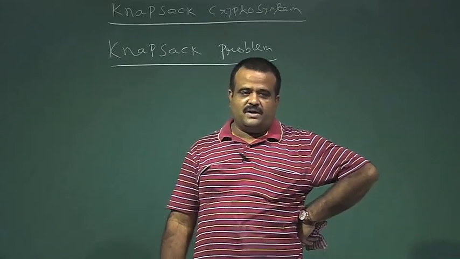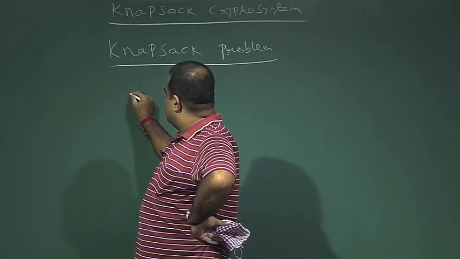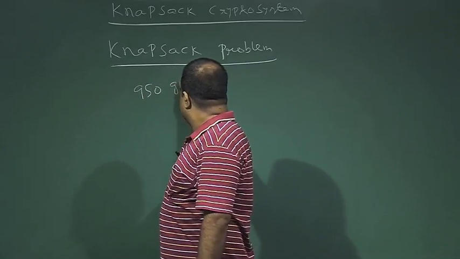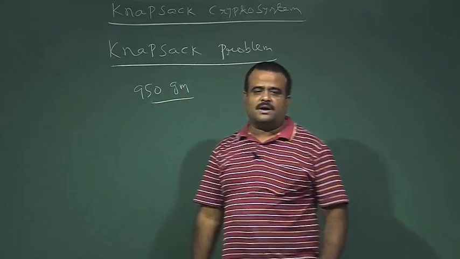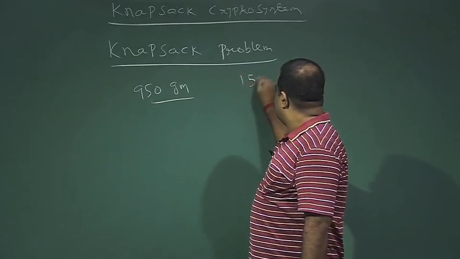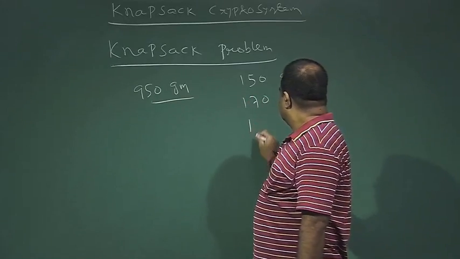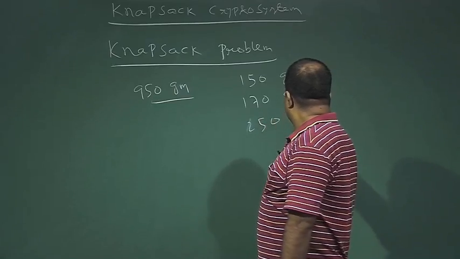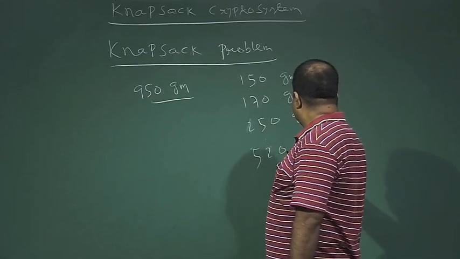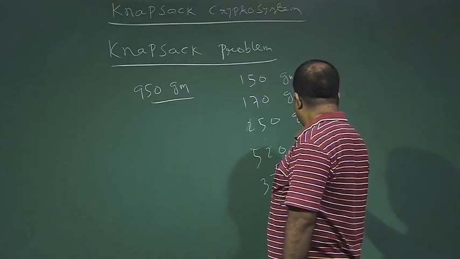So your friend asks you to buy, say, 950 grams of apples. And you see in the market there are apples whose weights are, say, 150 grams, 170 grams, 250 grams, 520 grams, and say 370 grams, like this.